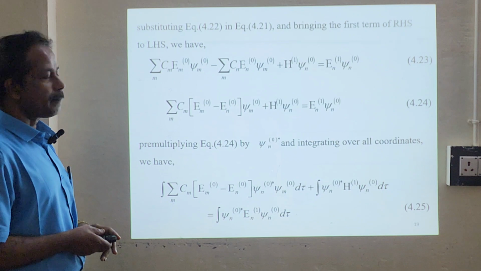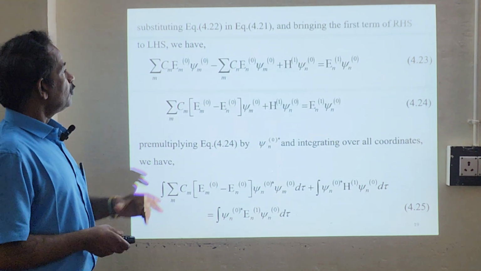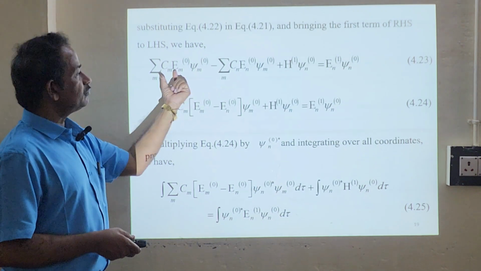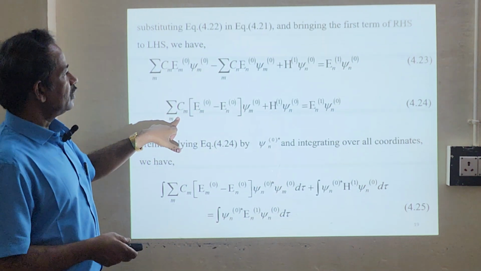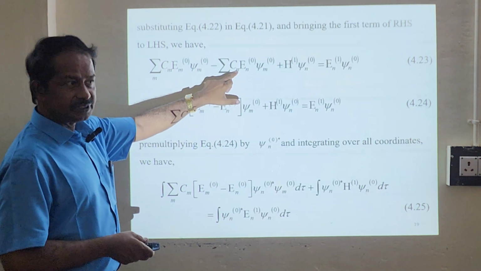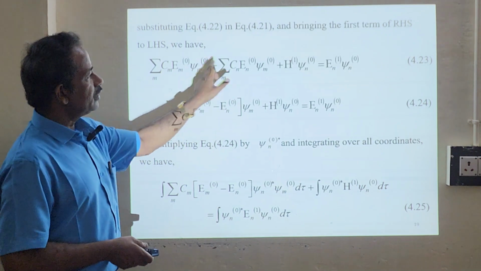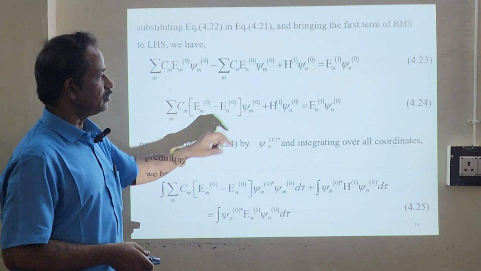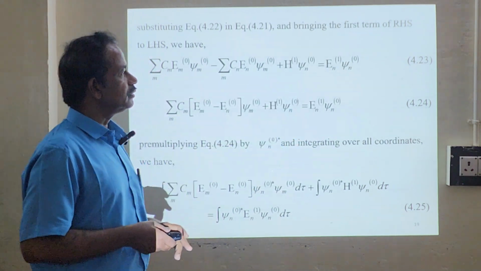Is it okay? Now pull the common terms out in the first two terms. So we have Cm, Em minus En, psi m 0. The remaining terms are H1 psi n 0 and En1 psi n 0.